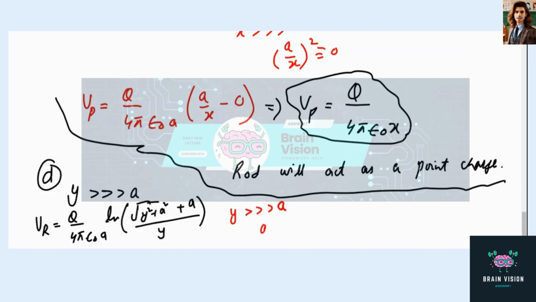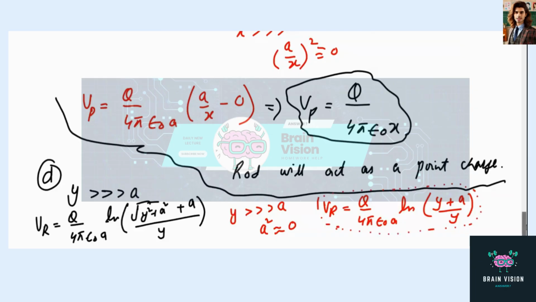Here we will take a square as approximately equal to 0. This gives us Vr equal to q upon 4 pi epsilon naught a log of y plus a divided by y, and this is similar to the relation which we found for part A.